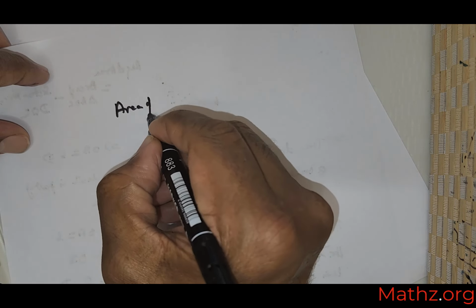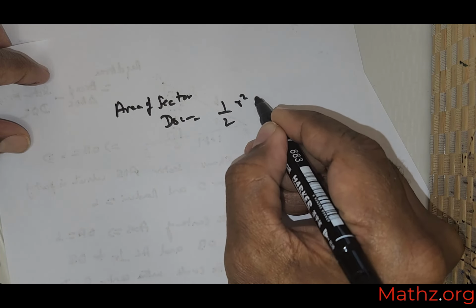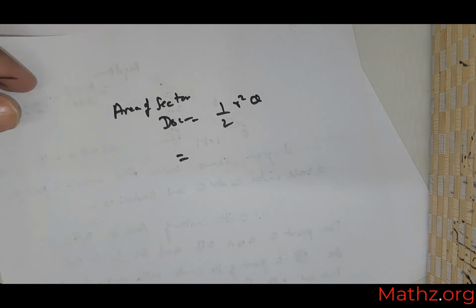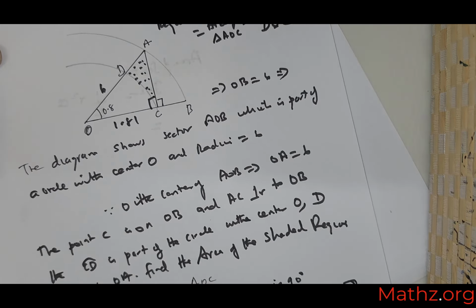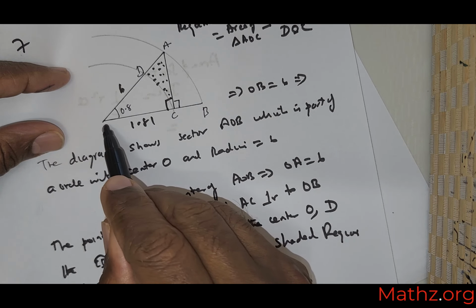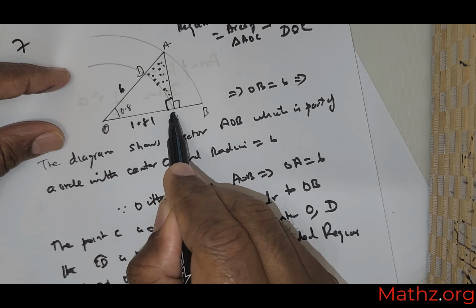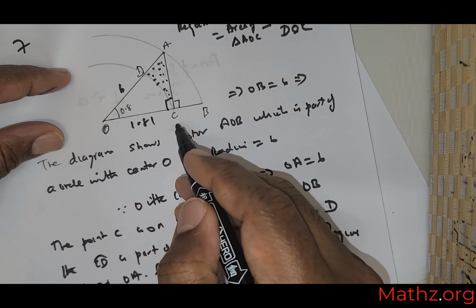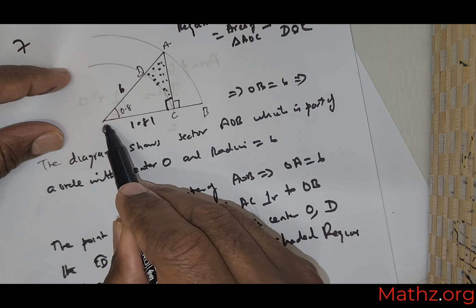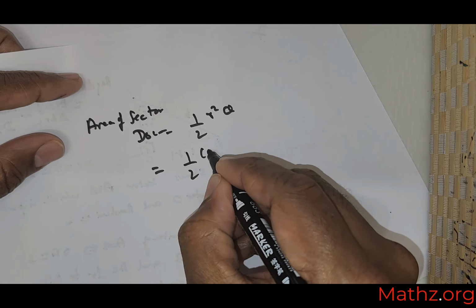So how do you calculate the area of the sector? Area of sector DOC is equal to half times r squared times theta. But what is the radius? We have found the radius OC. This is the radius, right? OC will be the value that we will utilize, because that is the distance from O to C. So I'm going to substitute that.